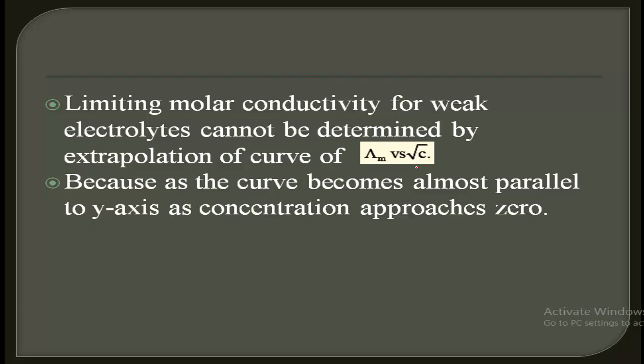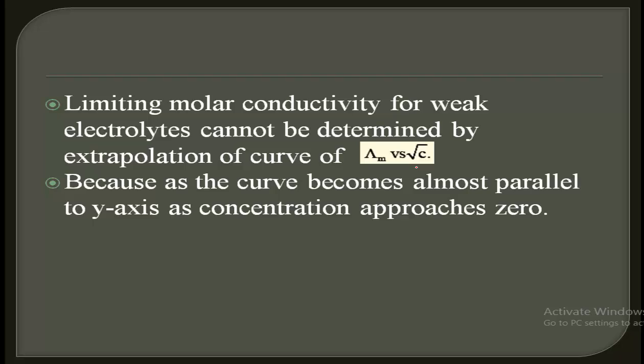If we decrease the concentration, that is, if the concentration approaches 0, then that curve becomes almost parallel to the y-axis. So if it is parallel, then it will not meet the y-axis and hence we cannot determine the limiting molar conductivity for weak electrolytes.